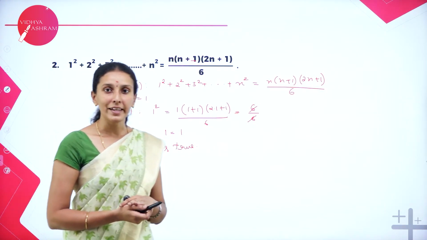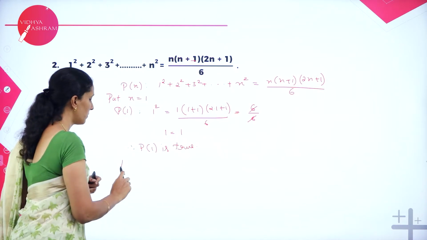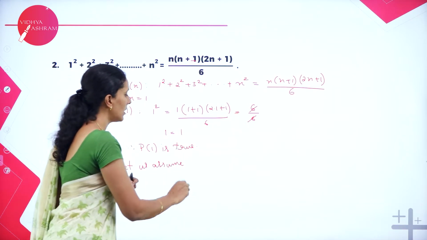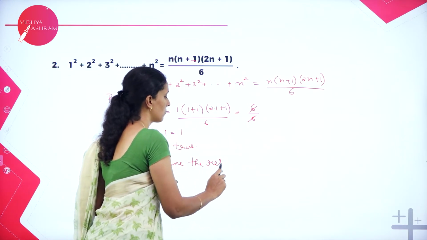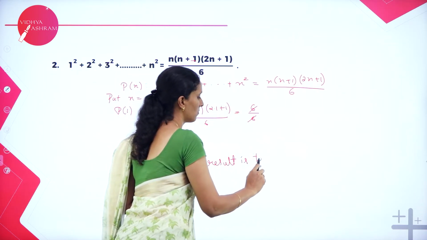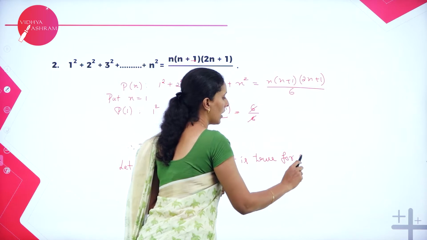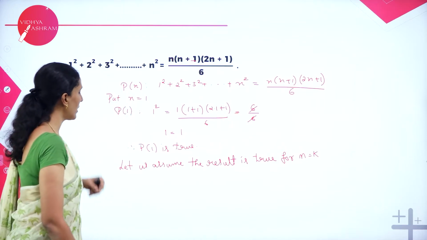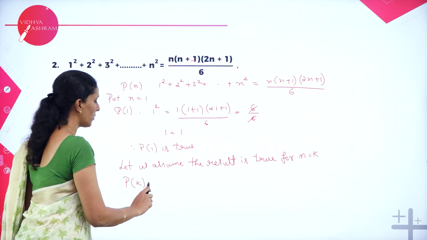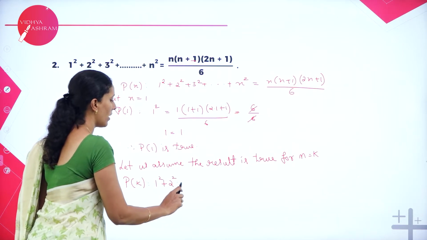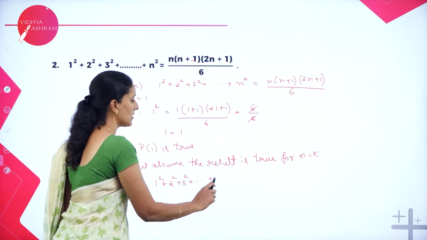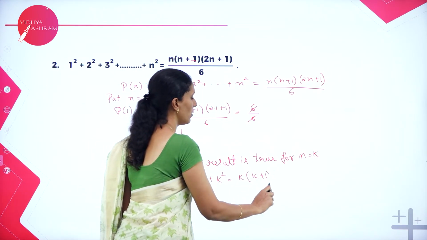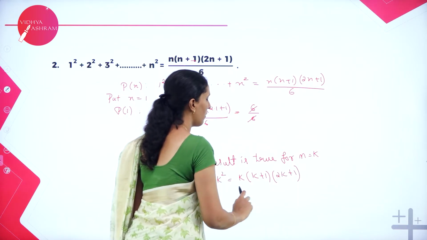So if we get P of 1 is true, what can we assume? Let us assume the result is true for n is equal to k. If the result is true for n is equal to k, how can we write this equation? P of k is equal to 1 square plus 2 square plus 3 square plus up to k square is equal to k into k plus 1, 2k plus 1 divided by 6.